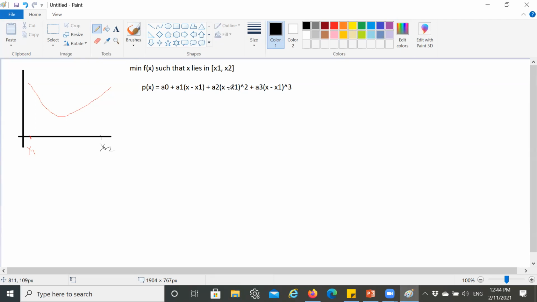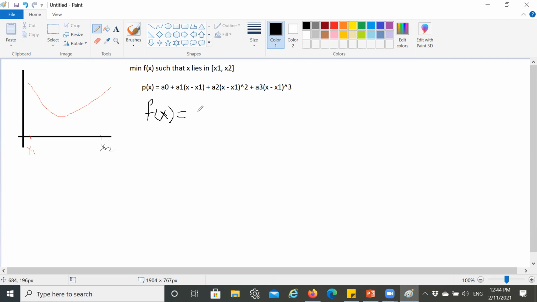Really good. What is a Taylor expansion? I'm given a function f of x, and I'm given the functional value at some point a.